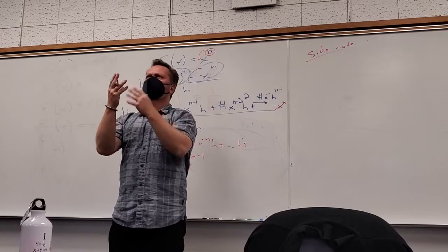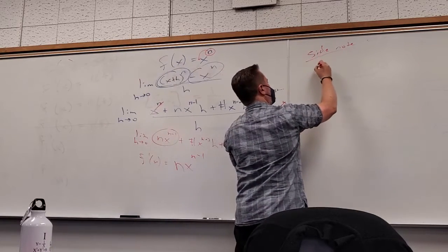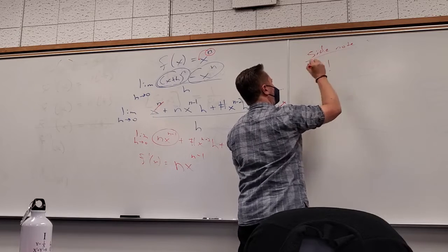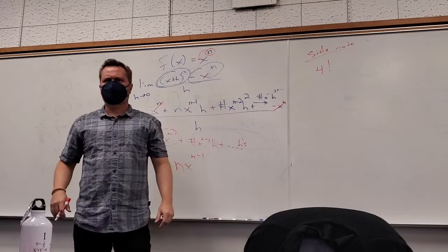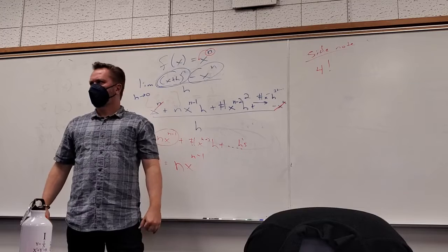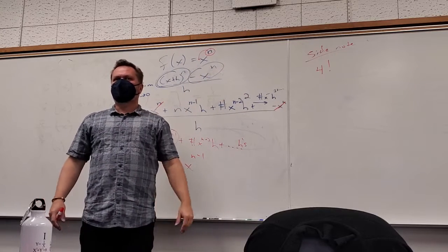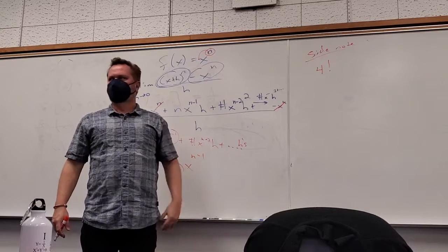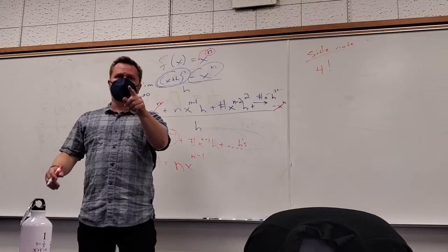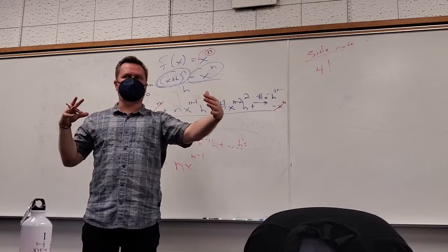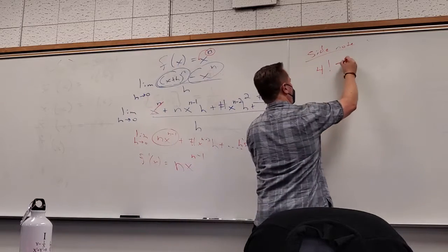Has anyone ever seen that mathematical symbol? So this is not 4! Right. What is that? Does anyone know what that means? Factorial. And what does that tell me to do?